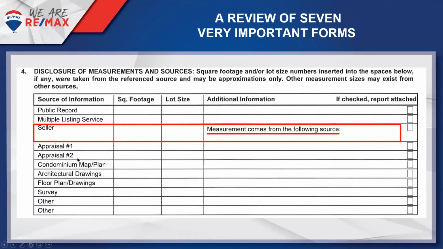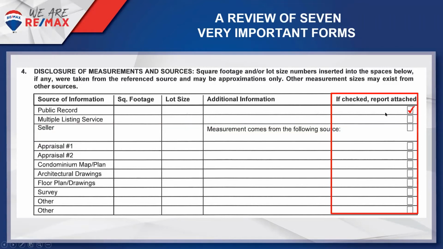Okay, well then of course you would provide that, but what is the measurement source that the seller is citing when the seller does it? And then, of course, if you have copies of these sources, then you check them, and you can check each one. I just checked the top one and provide that copy as well.